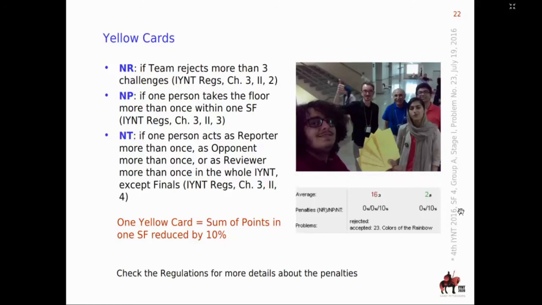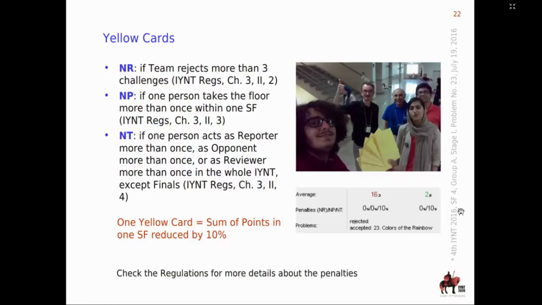And finally, if one person acts as reporter more than once, for example, today and tomorrow, as opponent more than once, or as reviewer more than once in the whole tournament except for the finals, then your team will get an anti-type yellow card. And I'm reminding you that one yellow card means that the number of points, the SP, in the fight is reduced by 10%.